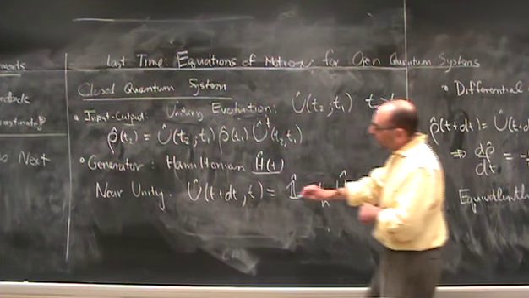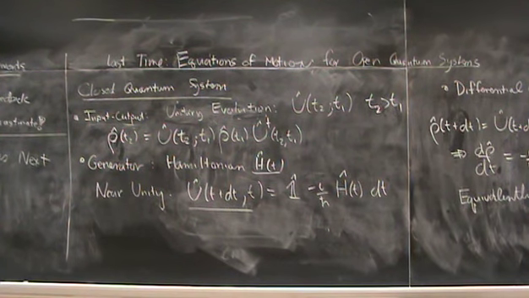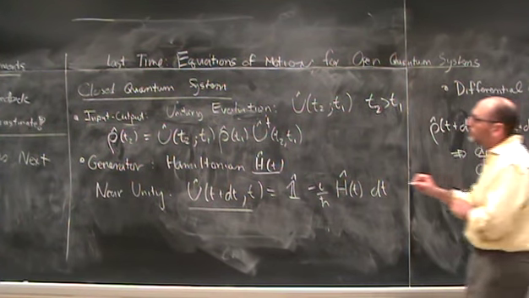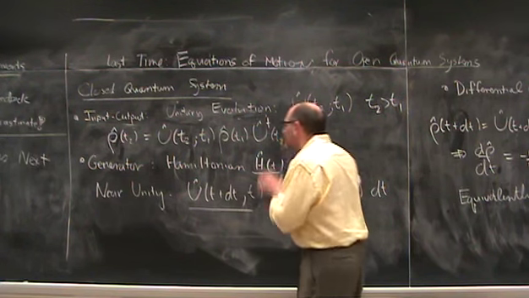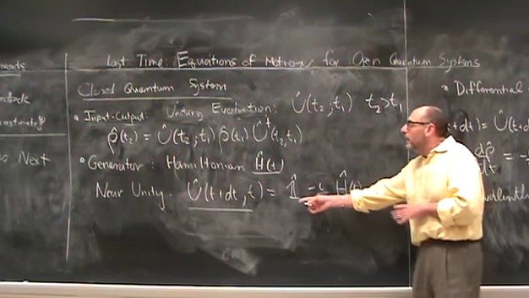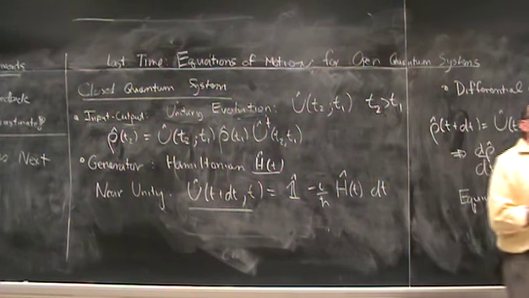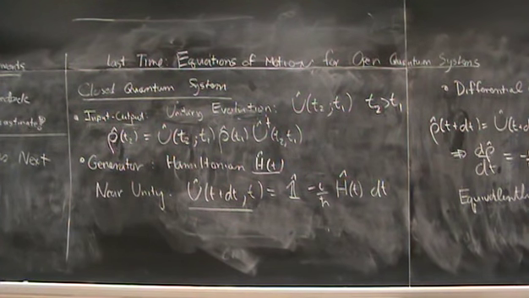So I could write a unitary map that takes me from some time t to some short time dt later, that is close to the unit operator with a small differential addition that's proportional to the Hamiltonian. Okay?